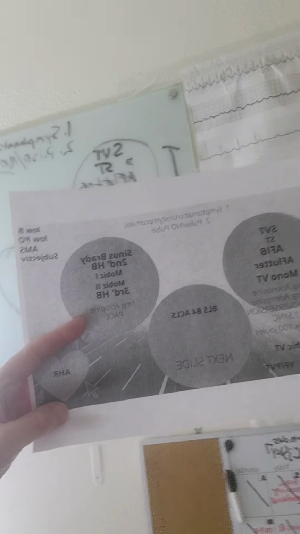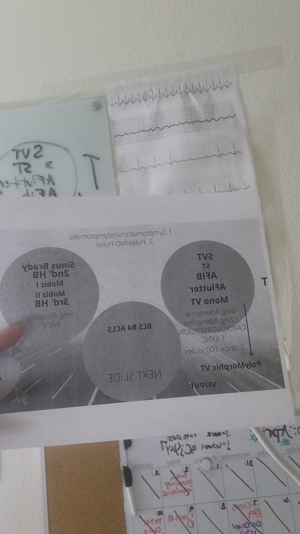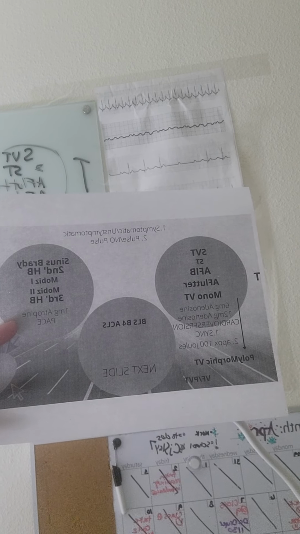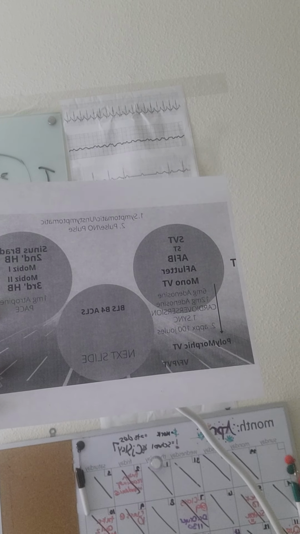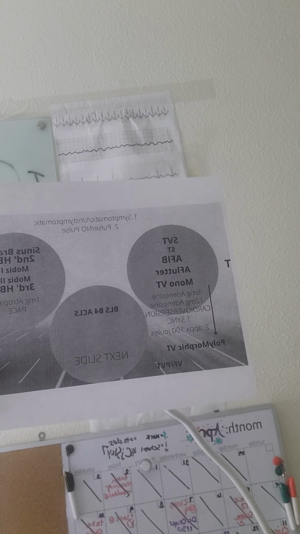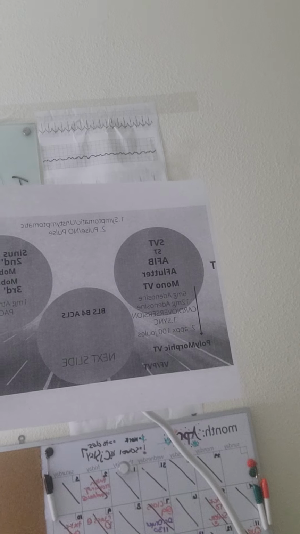And so, where we left off, we were at the slide where we were now ready to talk about the last circle, right? The BLS before ACLS, and then it says next slide. If you look off to the right of that, you'll see VFib / pulseless VTach.